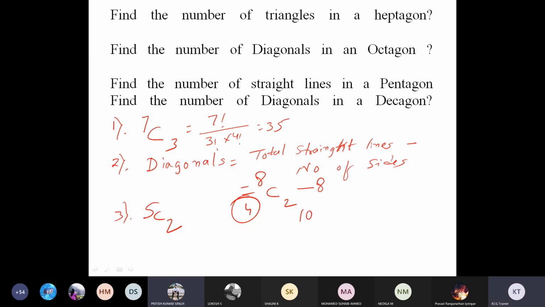Now first find the total straight lines. Total straight lines for a decagon is 10C2. From that subtract the number of sides. How many sides in a decagon? 10 sides in a decagon.